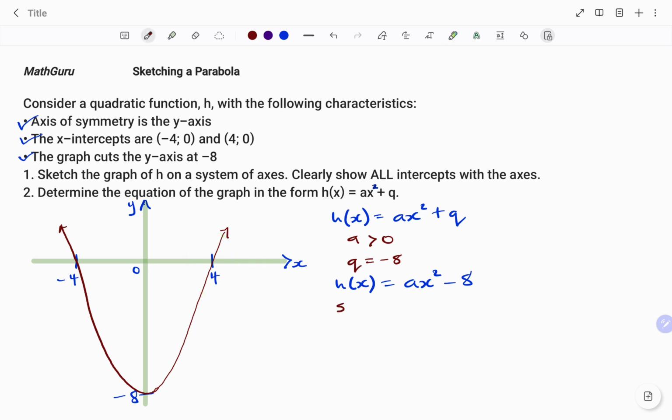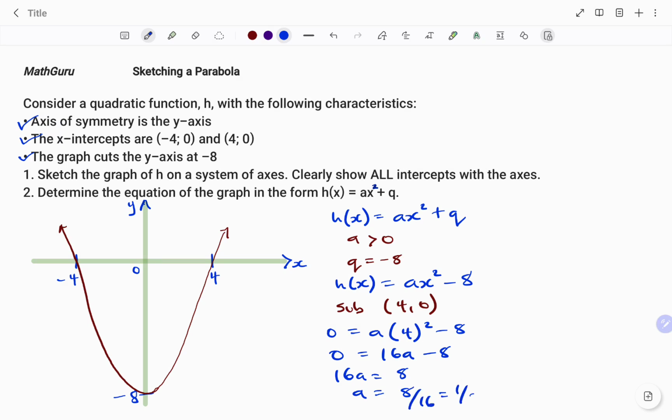So I'm going to substitute the point (4, 0) into the equation in order to get the value of a. So I have y equals 0 equals a times 4 squared minus 8, 0 equals 16a minus 8. 16a equals positive 8, therefore a equals 8 over 16, which is 1 over 2.